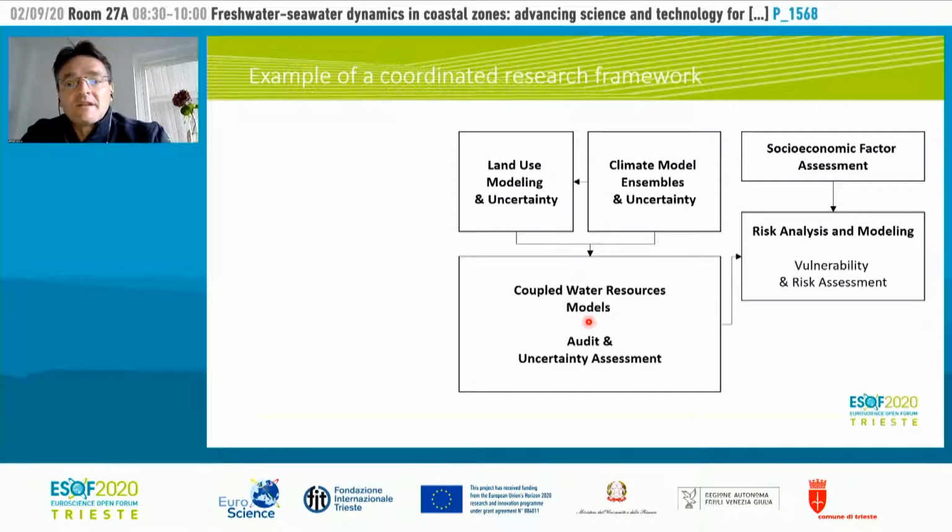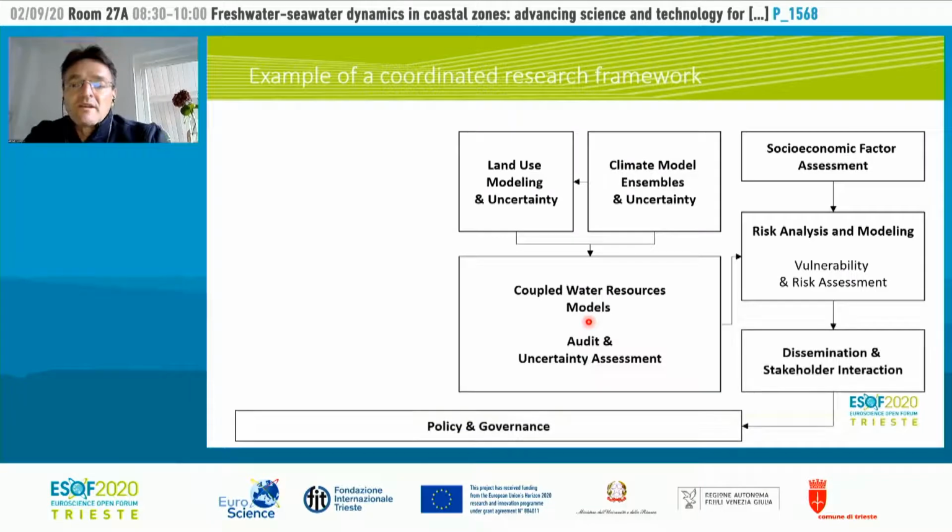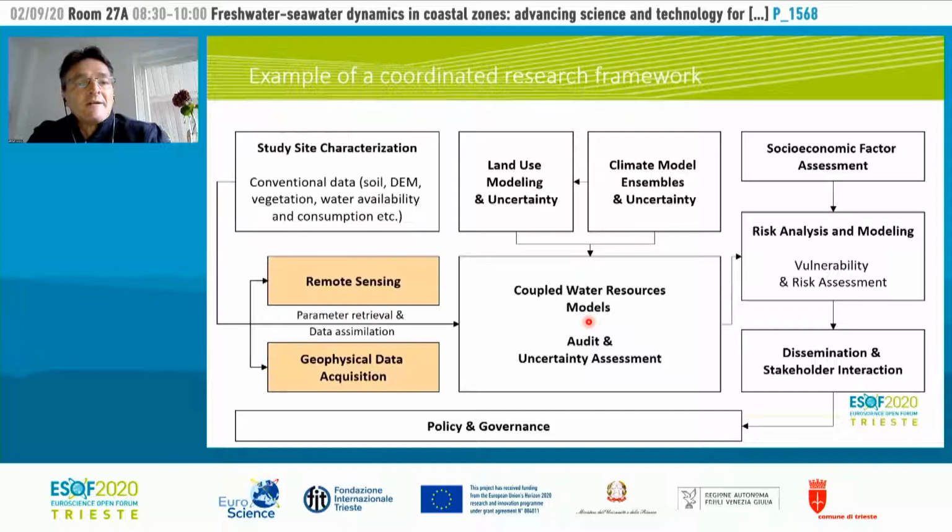Again, vulnerability and risk assessment are crucial components here to bring this to the attention of stakeholders, to disseminate those findings into a broader public, and this should ultimately lead to better policy, better governance, better management of water resources in coastal areas. But one key point is still missing on this figure, and this is what I would like to highlight and then move over to the other talks in this session.